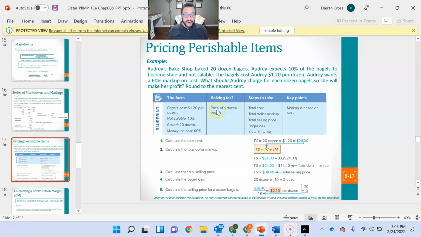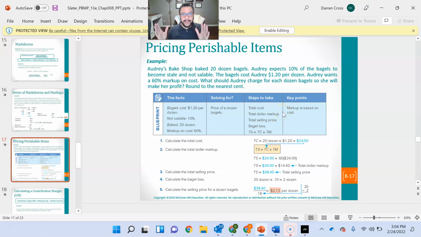What are we solving for? The price of a dozen bagels. In other words, what are we going to sell for? So what do we sell a dozen bagels for in order to make our money? We know that we have a cost here, but some of these are going to go bad, and we still want to make our money based upon cost. So what do we sell them for?